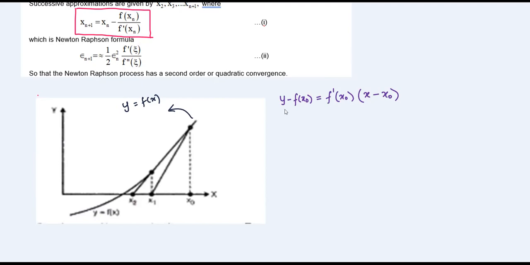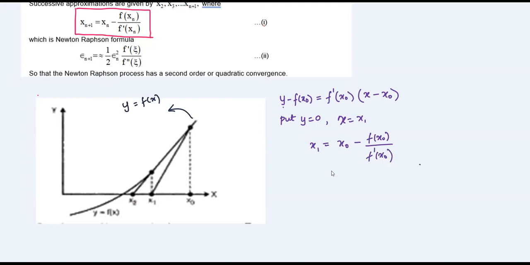Now we want to find where y is 0. That point will be x1. So put y equal to 0. We get x is equal to x1. So x1, when you put y equal to 0, is x naught minus f of x naught by f dash x naught.